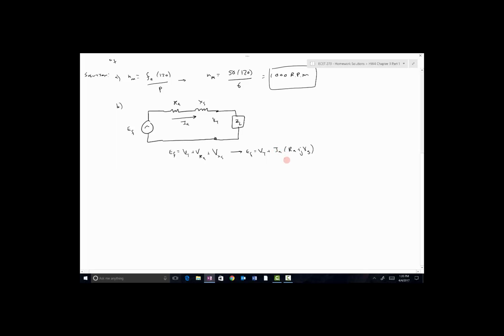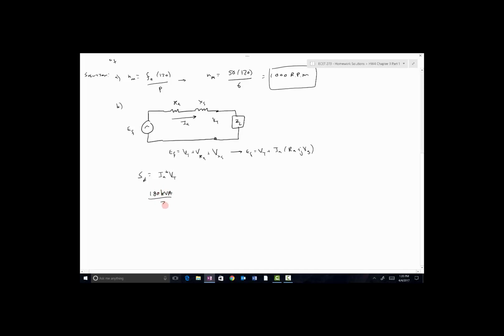The relationship there is going to be that S on a per phase basis is equal to I sub A star times the terminal voltage, right? The power delivered by this pair of terminals is equal to the current flowing out of it times the voltage across the terminals. So power was given to us on a three-phase basis, so that was 180 kVA.